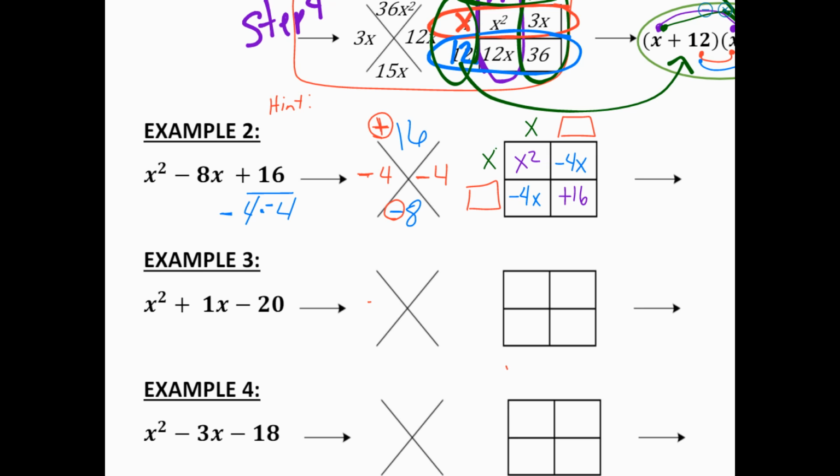Because now I know, if I know that this is an x here, then I know that this x times whatever is up here is going to give me negative 4x. So what does this have to be in order to get negative 4x? Negative 4. Right? And I can do the same thing this way. If I know that x times something has to give me negative 4x, what has to go in this box?